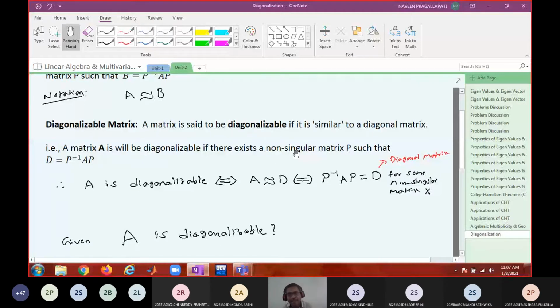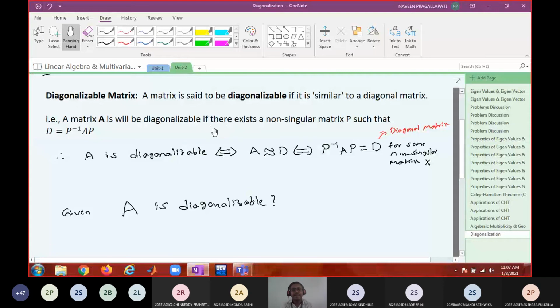Will you take some non-singular matrix P, compute P inverse, then find out P inverse AP, and test whether it is in diagonal form or not? If it is not diagonal form, take another non-singular matrix, compute P inverse, then find P inverse AP, not diagonal. Will you do this trial and error? Because the definition says, if there exists, but how do you know whether there exists such a matrix or not?